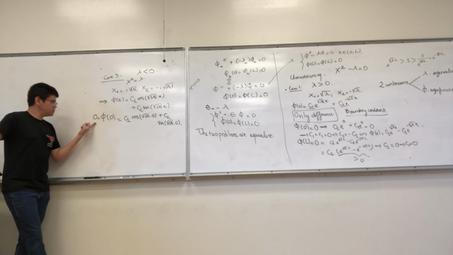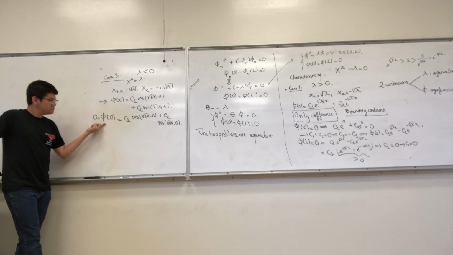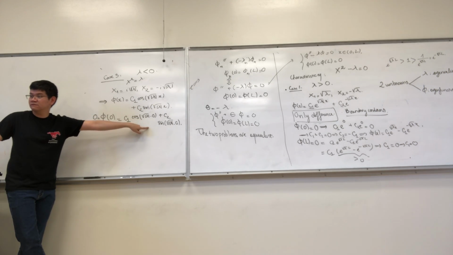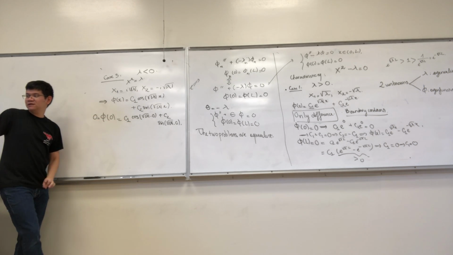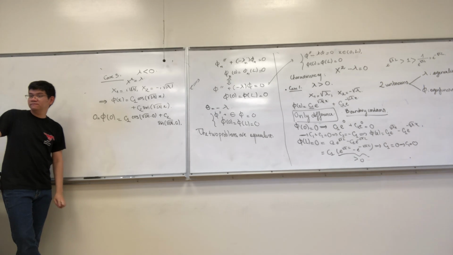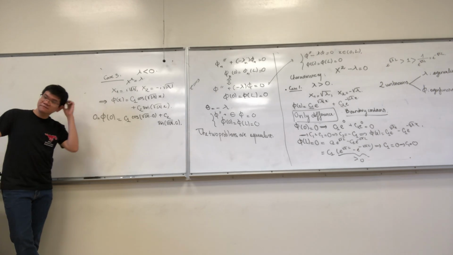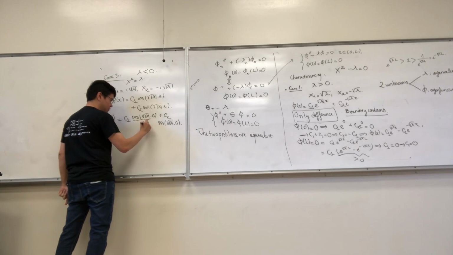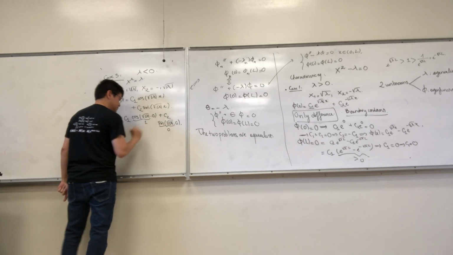So you have 0 is phi(0), and I plug 0 back into those functions. What can I say about the two coefficients C1 and C2? You can say that C1 is equal to 0. So this one is 1 and this one is 0.